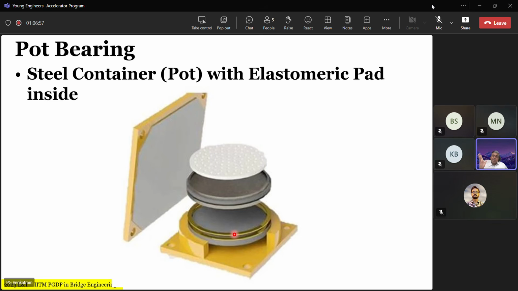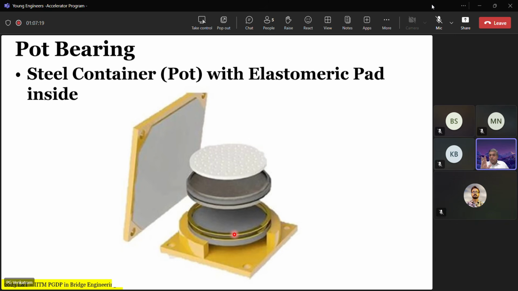Same rubber, same grade. So that is how you carry the larger load, Sukalyan. For a smaller elastomeric disc size, you will be able to carry larger load because the compressive stress permitted on this rubber due to confinement is much higher.